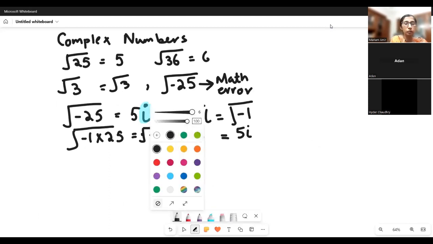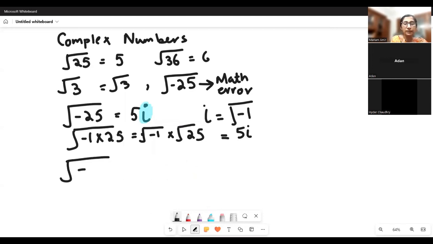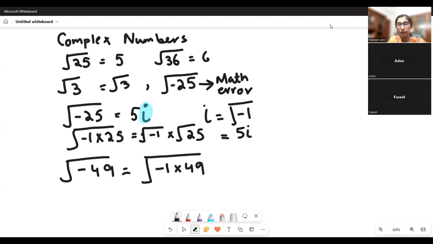Similarly, square root of minus 49 would be square root of -1 times 49, which is square root of 49 times square root of -1. Square root of 49 is 7, and square root of -1 is iota.